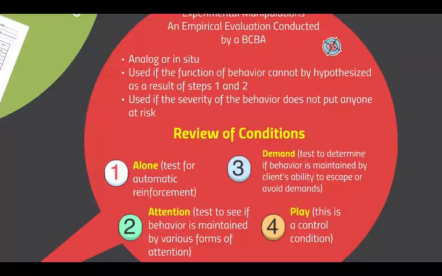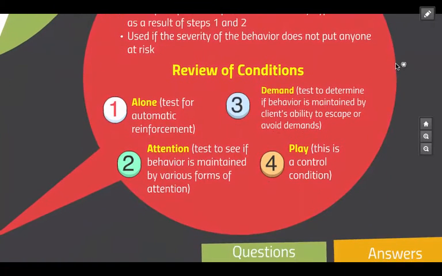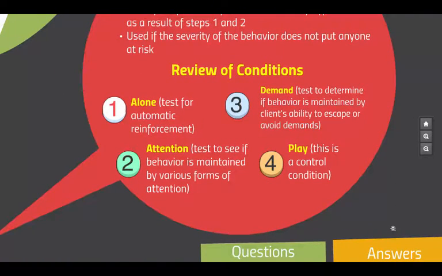However, if the board-certified behavior analyst, and this must be conducted by a BCBA, makes the determination in the context of the team and with consent from the family that systematic manipulations should be done, then that BCBA will map out the plan for doing a functional analysis, and they will review 4 conditions to make a determination as to what may be occurring in terms of the problem behavior.